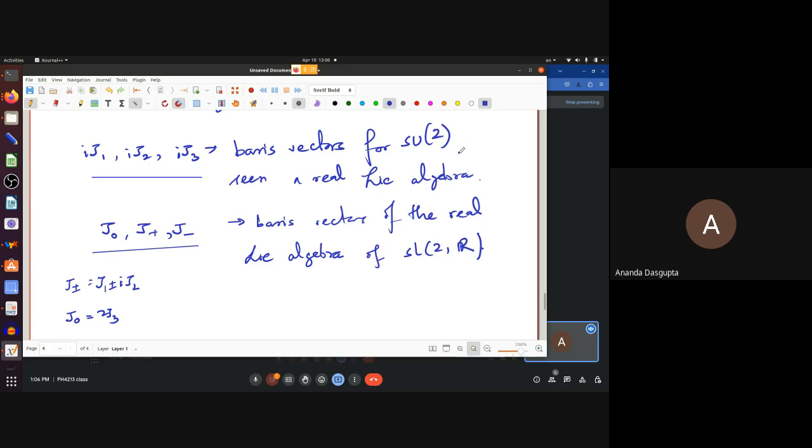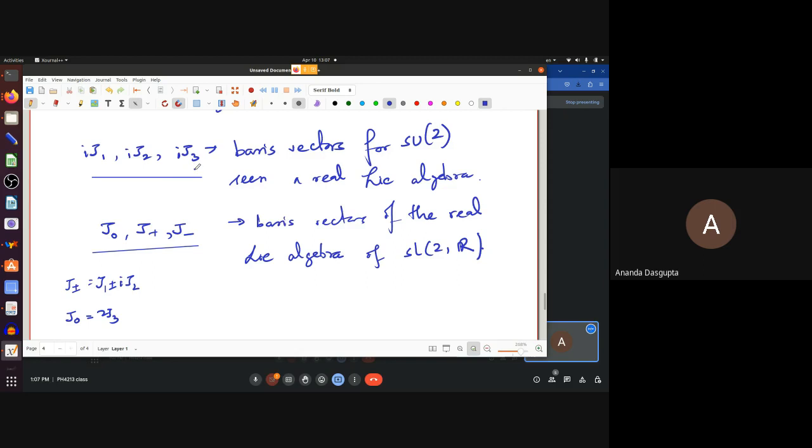This one, when exponentiated, gives you the 2 by 2 unitary special matrices, that is SU2. And IJ1, IJ2, IJ3, when you combine them, give 2 by 2 traceless anti-Hermitian matrices, to be more precise.